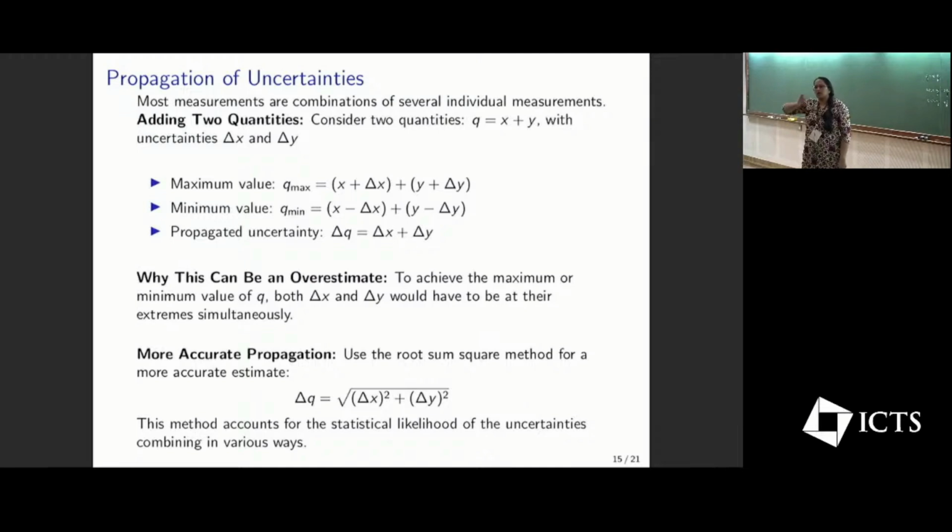So if you have two Gaussians, one with a width of delta x and the other with a width of delta y, then the combined width would be the square root of delta x squared plus delta y squared. If you know a little bit more about the Gaussian, then this would be obvious to you, but I'm going to go a bit fast because I think I have a lot to do and we haven't gotten anywhere.